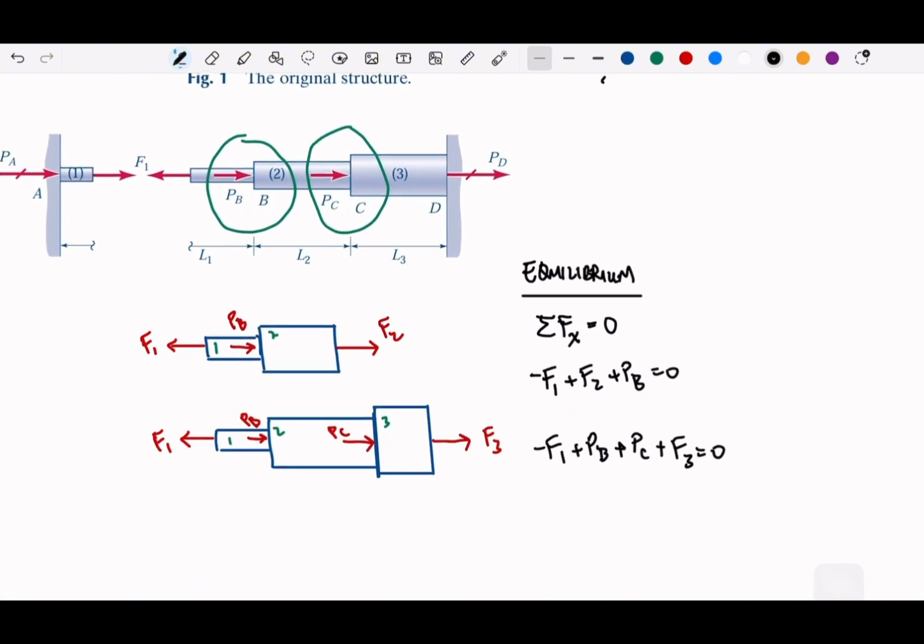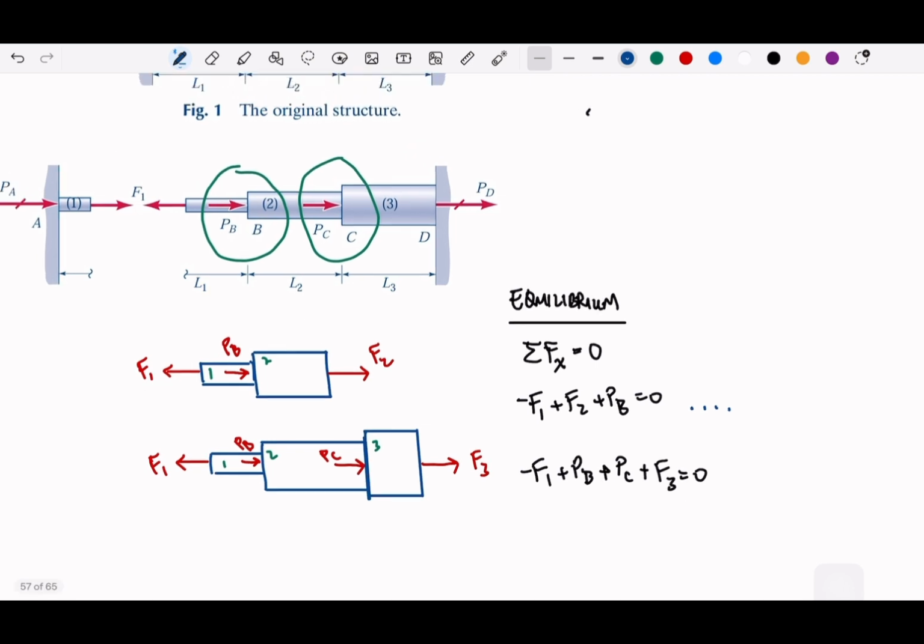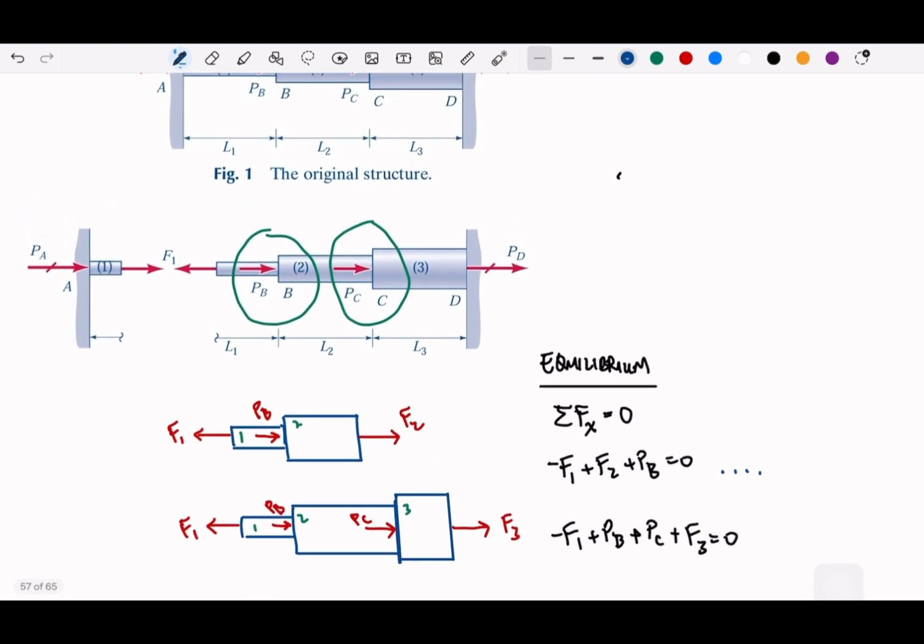Okay, and now we can rewrite this. First of all, in this method, the first time we cut F1, this is an internal force, but we treat F1 as an external force to help find the other forces. So we are going to write F2 and F3 in terms of F1.